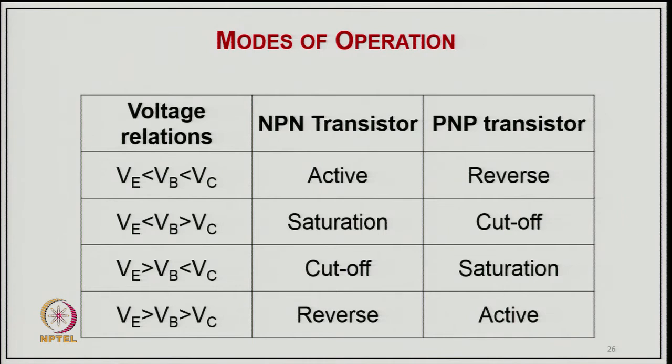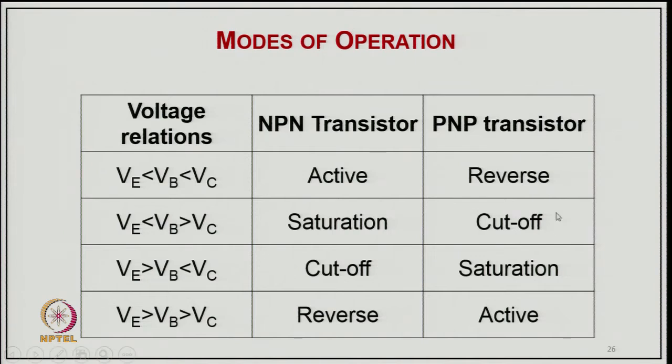So, the voltage relation means if VB is in between VE and VC, then it is active, but here it is reversed for PNP, because it just goes reverse. If VB is greater than VE and greater than VC, then the device is in saturation. Both junctions are in forward bias.